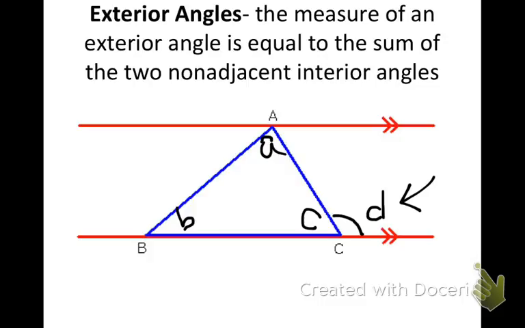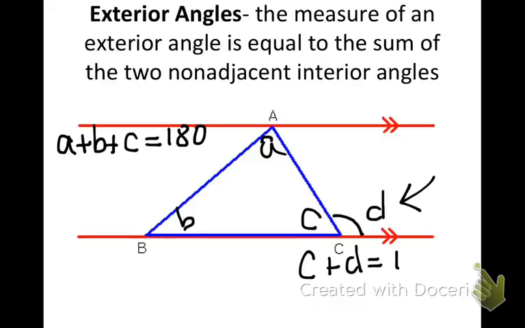Okay, so as you recall, we know the sum of the interior angles, A plus B plus C, must equal 180 degrees. We also know that two supplementary angles, so I'm going to call C and D the supplementary angles, must equal 180 degrees, so C plus D must equal 180 degrees.